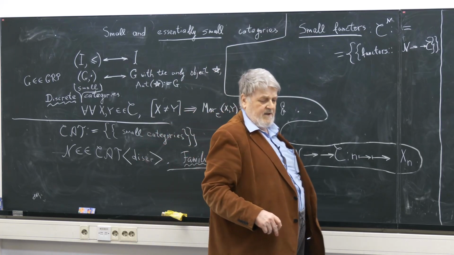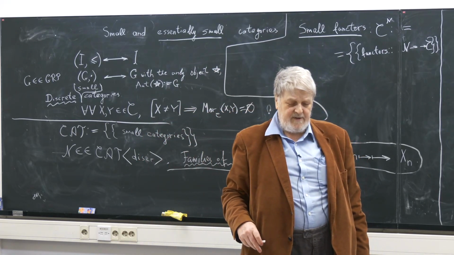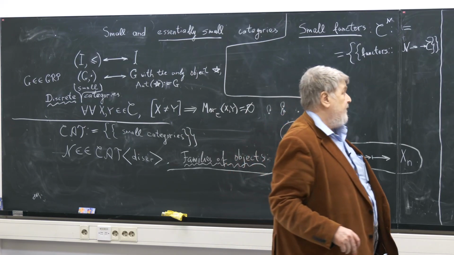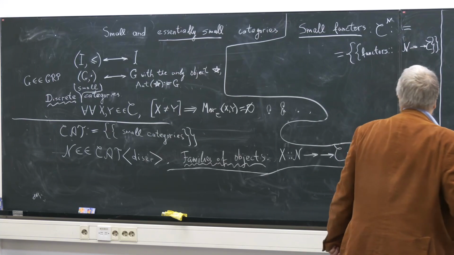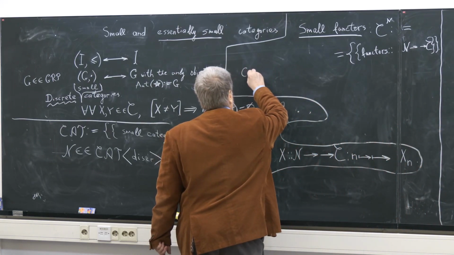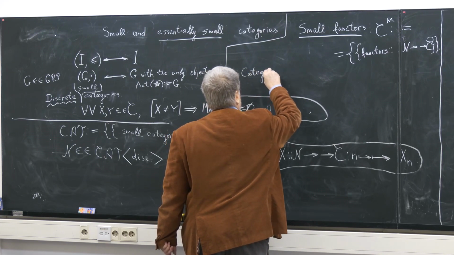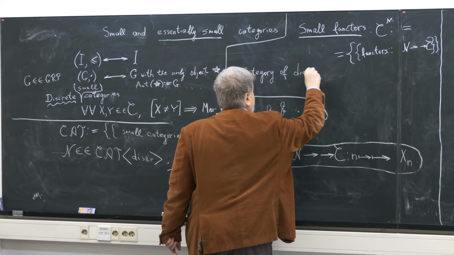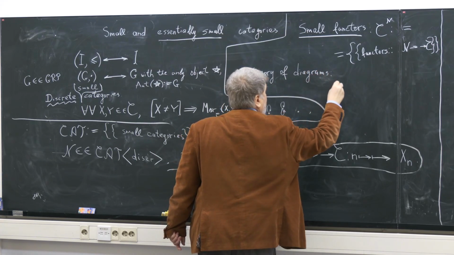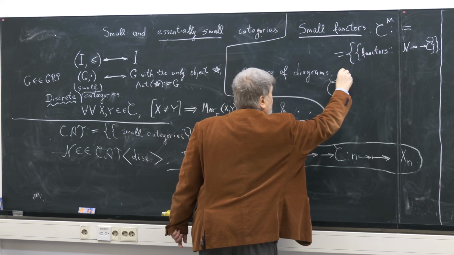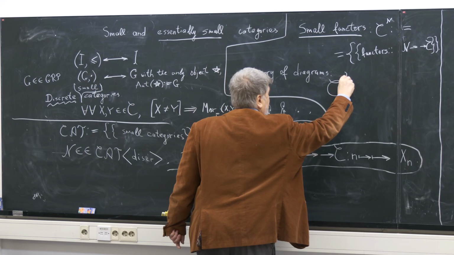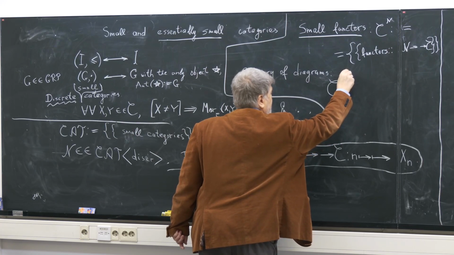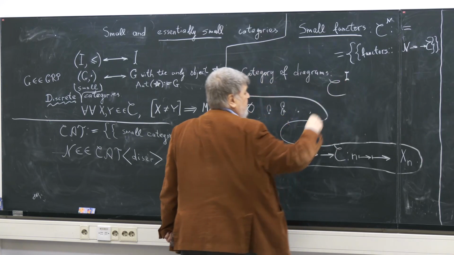Sorry, I have chosen the letter N. I'm not sure that it is really a good choice, because I wanted to reserve our capital letter I. Let me write it down, the category of diagrams, denoted in the same way, C to the I. I'll try this I. My attempt is not very good. TeX is doing it better.